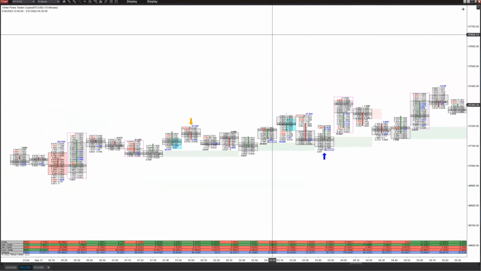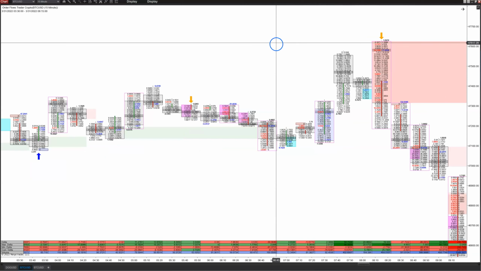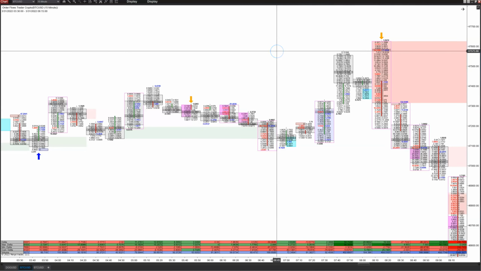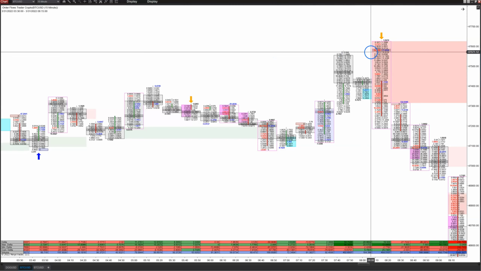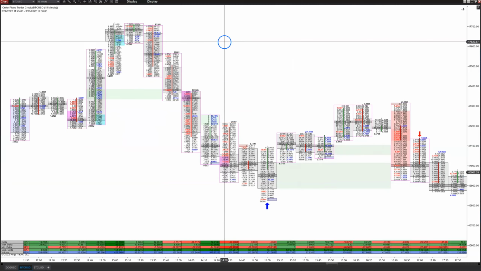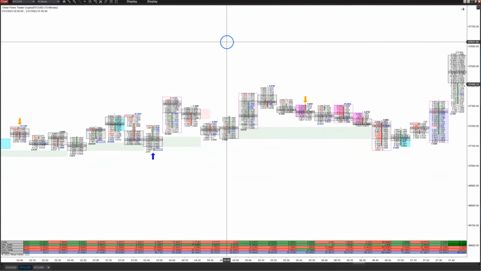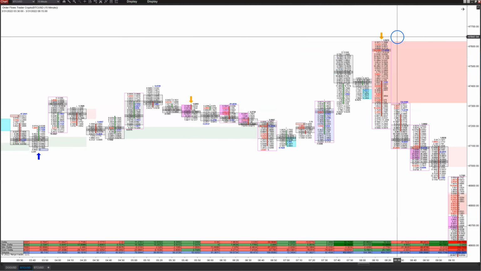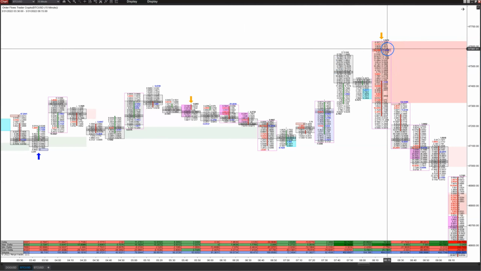Now you sell off, you come back up to that area, just a little bit lower, now it's at 47,575. So you're sort of coming back into an area where you ran into supply earlier. Now you're making another run up towards that supply area, but you run into more supply there.